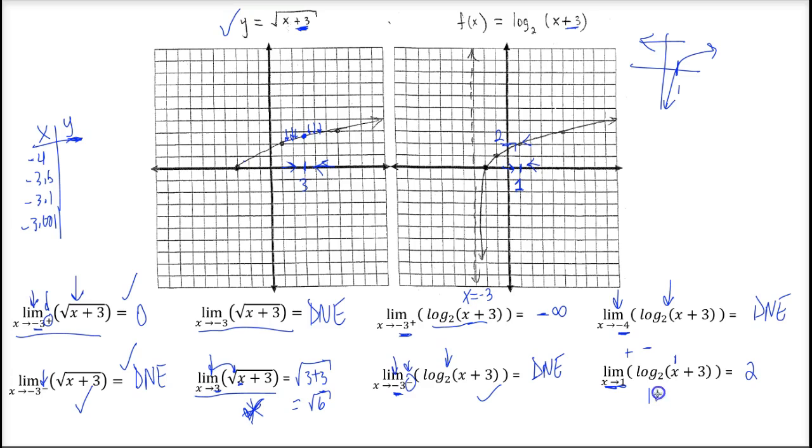So if we did that, that would be log base 2 of 4, because 1 plus 3 is 4. And log base 2 of 4 is just like asking what is the exponent for the exponential number that has a base of 2 and its result is 4. And of course, we know that 2 raised to the 2 is 4. So that is why the answer to that is 2.